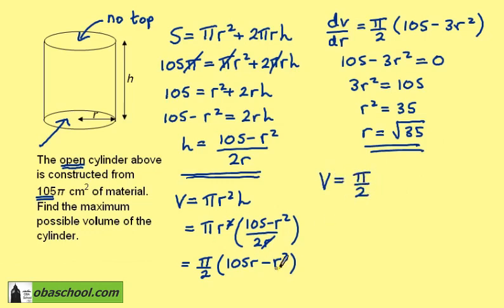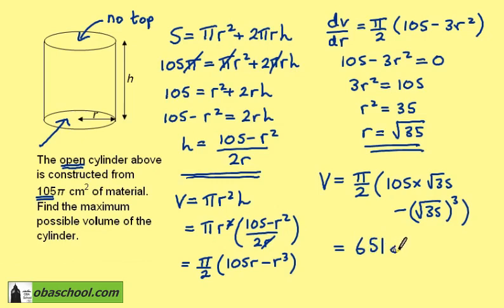So pi over 2 times 105 times the square root of 35, take away the square root of 35 cubed. And this gives us 651 centimeters cubed, correct to 3 significant figures.